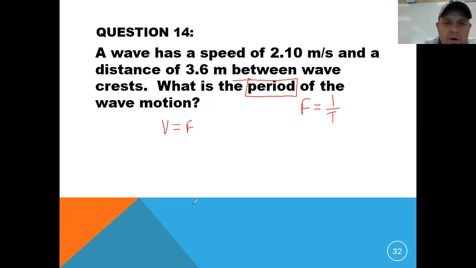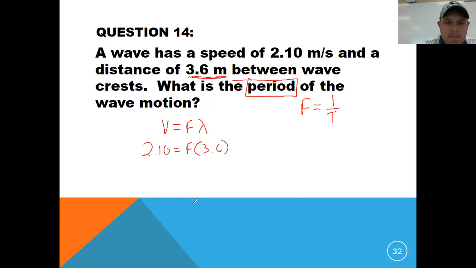So we got to use our speed equation. Velocity equals frequency times wavelength, and solve for frequency, then time. So we can plug in our numbers now. 2.1 is our velocity, will equal frequency times our wavelength, and they were nice this time, gave it to us in the correct unit.